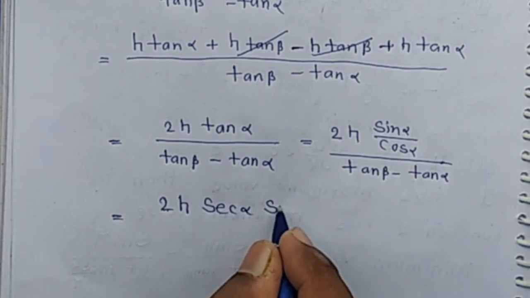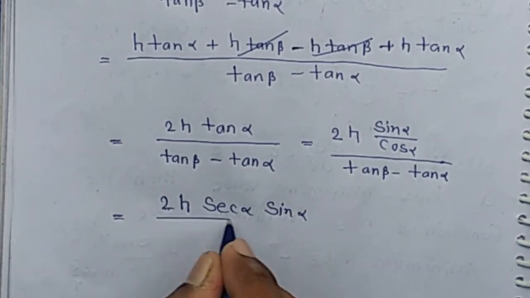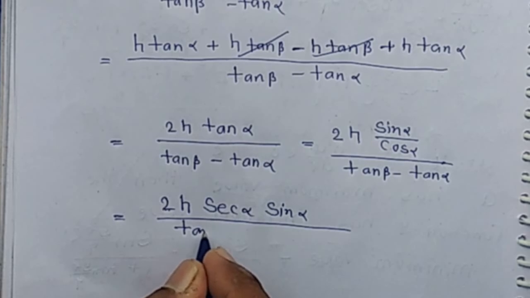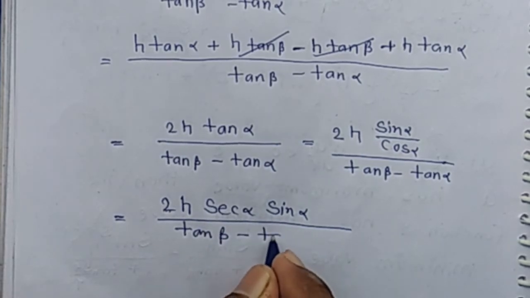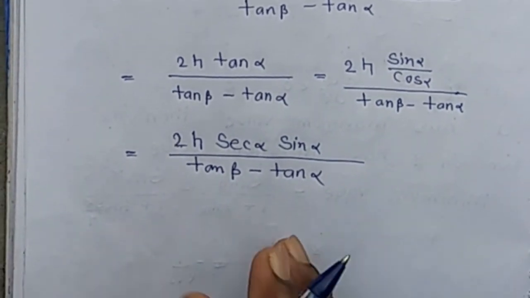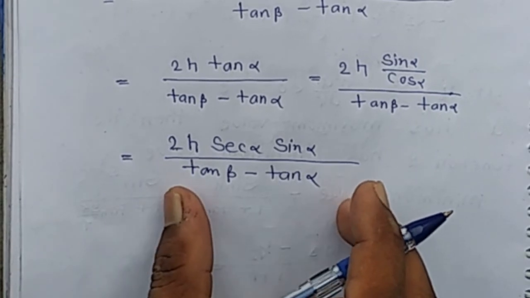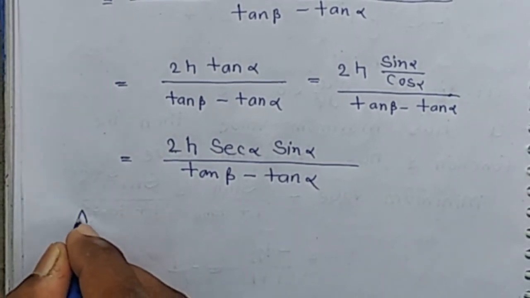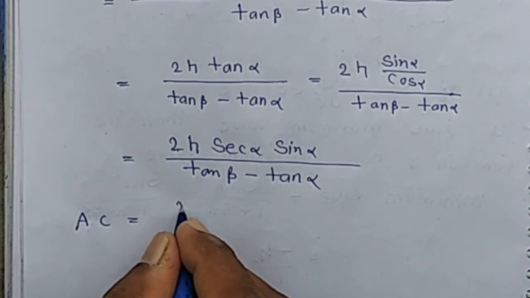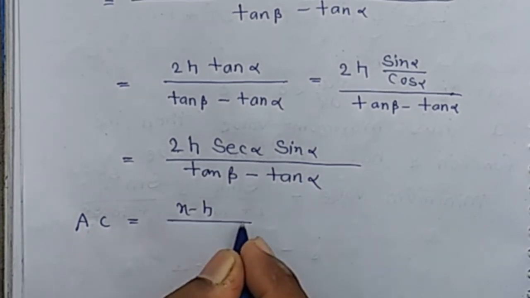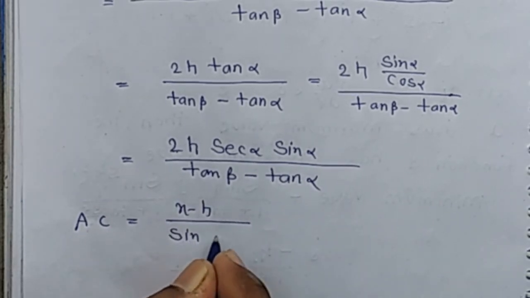So 2H sec alpha into sin alpha by tan beta minus tan alpha. Now put this value in AC equal X minus H by sin alpha.